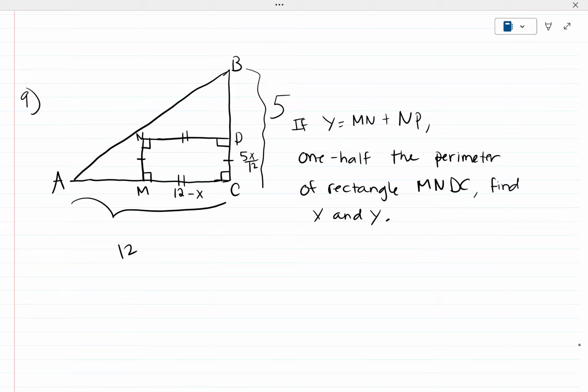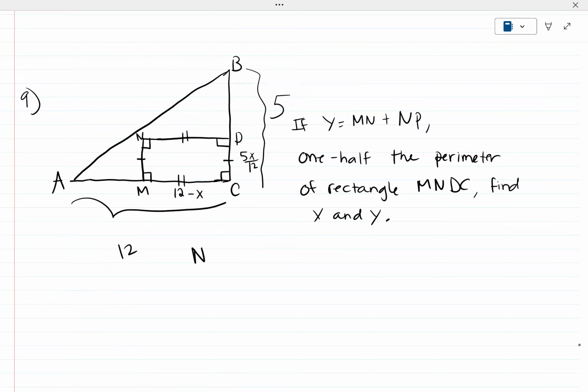NP. So if Y equals MN plus NP, where is Y? X. So this is what's given.